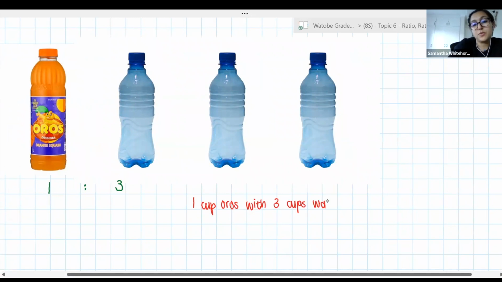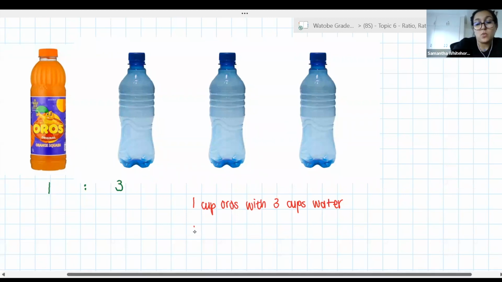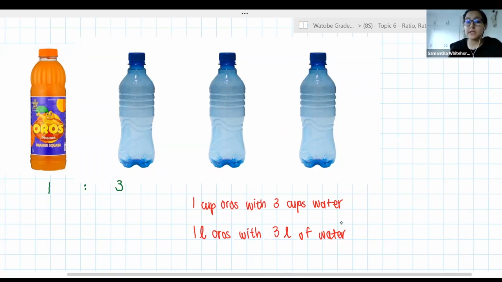If, for example, you were making Oros for an entire sports team or entire choir or an entire class or whatever, you might want to make 1 liter of Oros with 3 liters of water. And so your ratio can be scaled to however much you want of something.